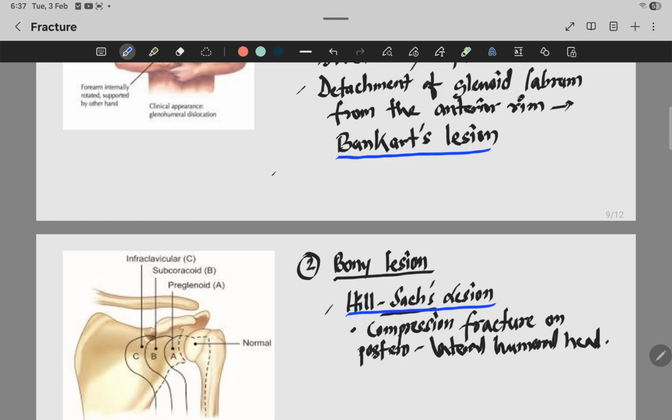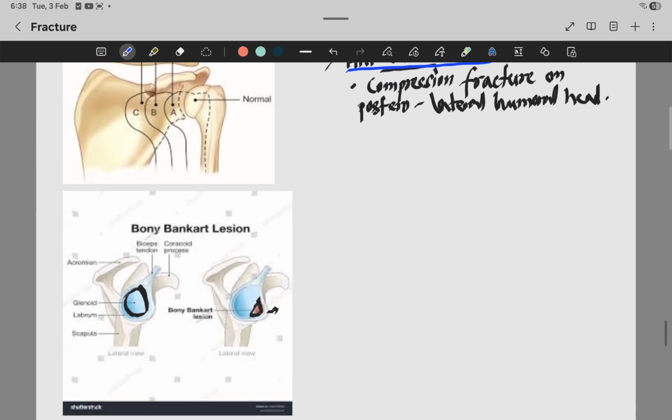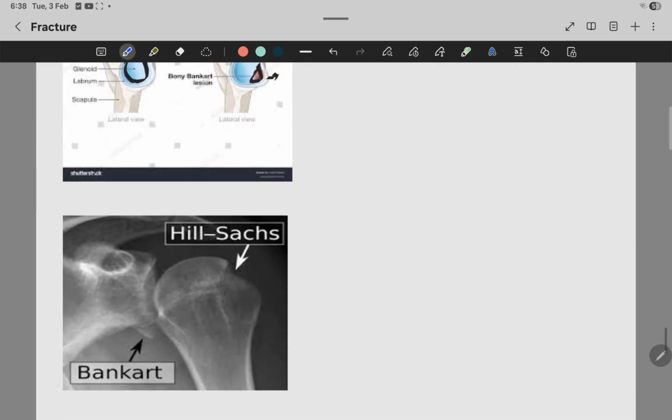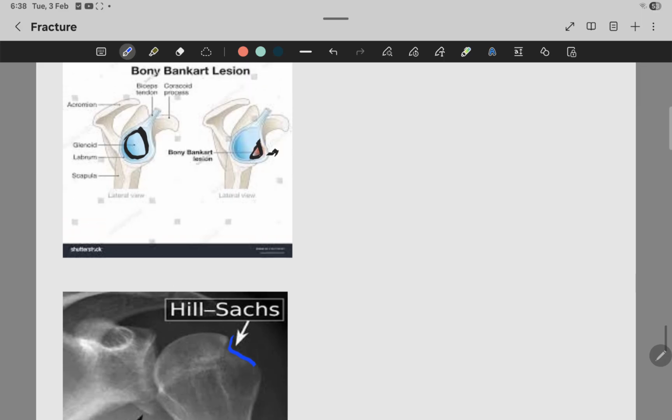Hill-Sachs lesion is a compression fracture on the posterolateral humeral head. See, this is the posterolateral humeral head, where the humeral head impacts the anterior glenoid rim. Okay, due to this, the compression fracture occurs at the posterolateral humeral head, that is known as the Hill-Sachs lesion.